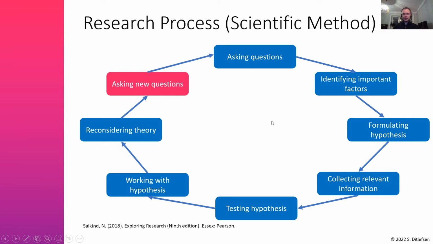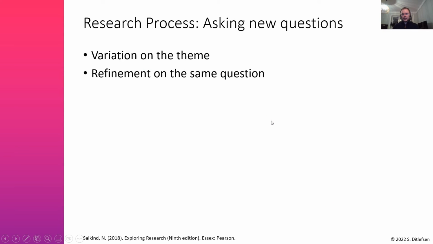Next, we want to ask new questions. Maybe a variation of our previously asked hypothesis or previously asked question, or it can be the same question but asked in another way.